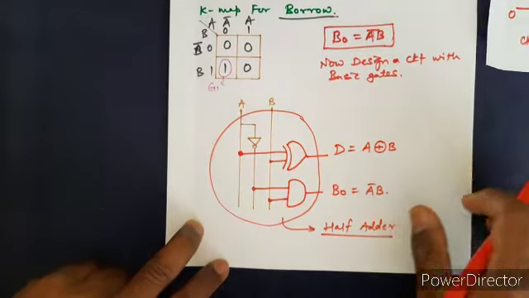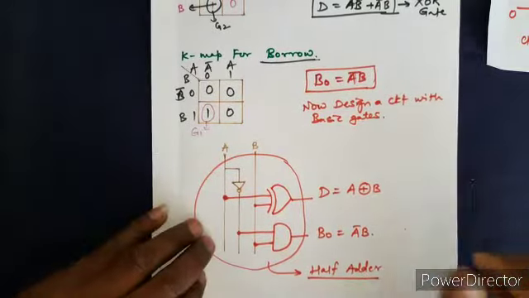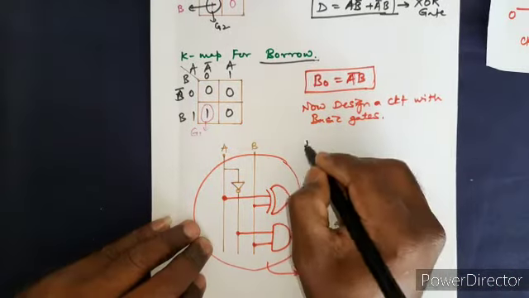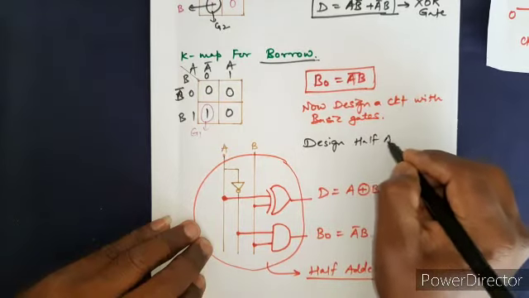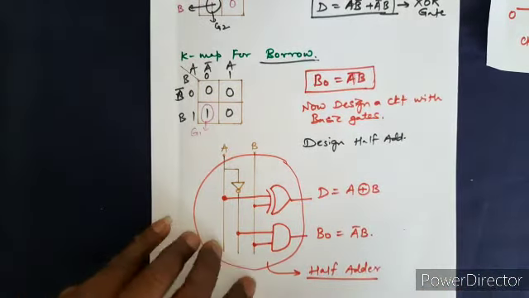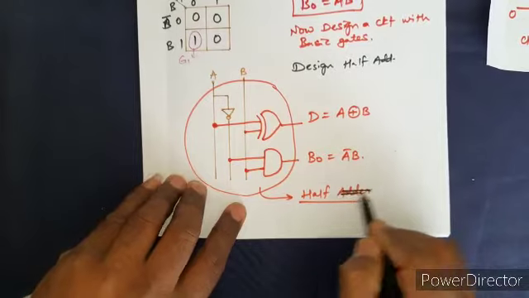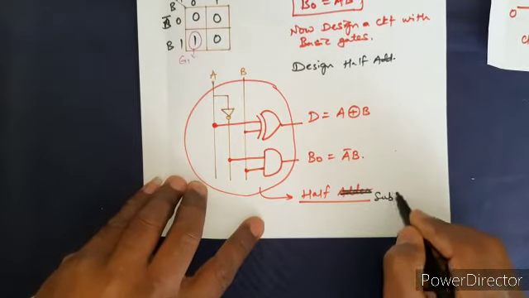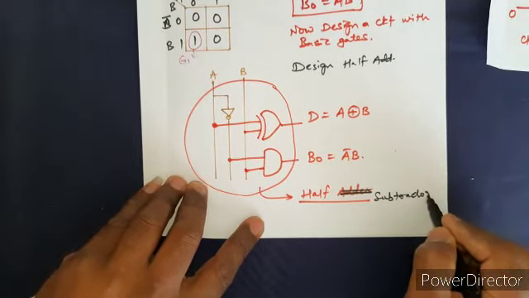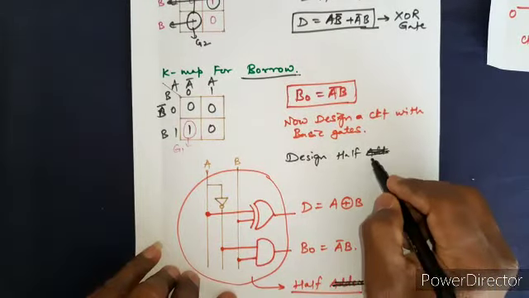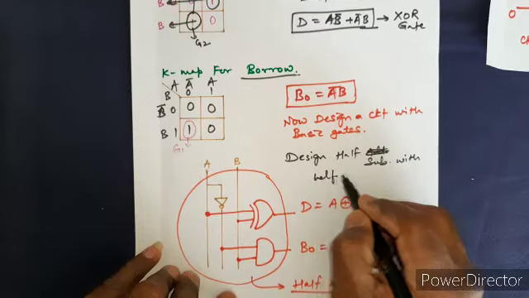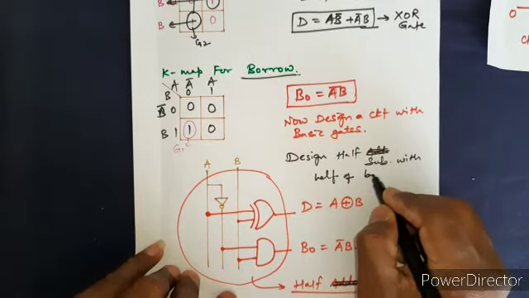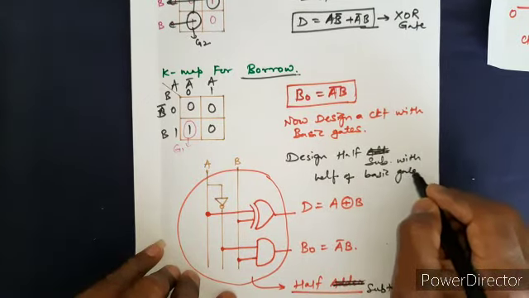So if a question is asked, the question can be: design half subtractor with the help of basic gates.